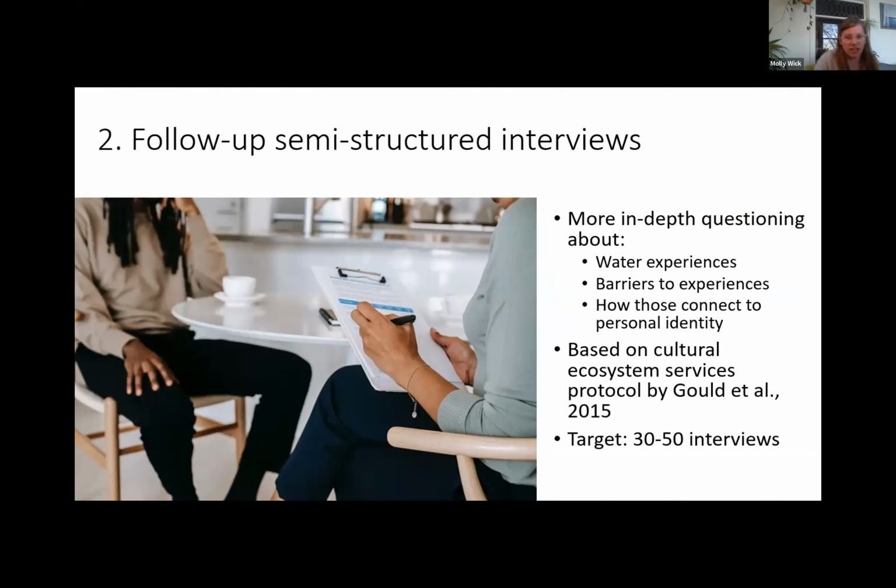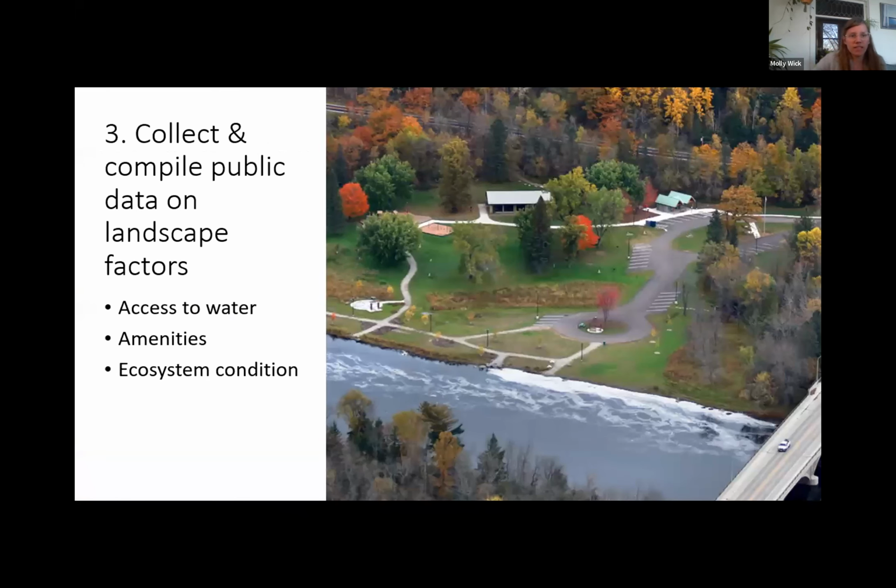That'll be based on an established protocol, and my goal will be somewhere between 30 and 50 interviews. And then lastly, I'm going to collect and compile public data on landscape factors, including the locations where people can access the water, what amenities are there to facilitate that access, and the condition of the ecosystems.